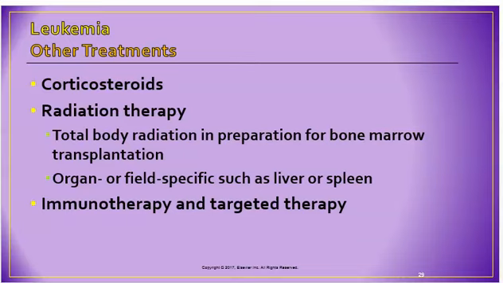Now, they may end up with total body radiation. And they would do that in preparation for bone marrow transplantation. This is a pretty big deal. The whole body is radiated. They have absolutely, positively no defenses against infection. So they are in very, very tight protective isolation.